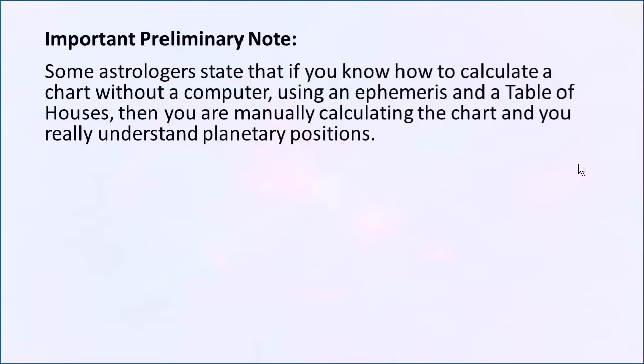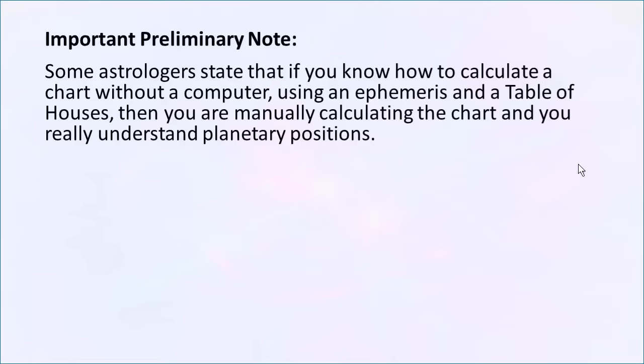If you learn how to do that, and I think most people do not learn that now because it's not required, some astrologers say, well, it's very important to learn that because it tells you what's underneath just the chart wheel that you're looking at using your computer software.